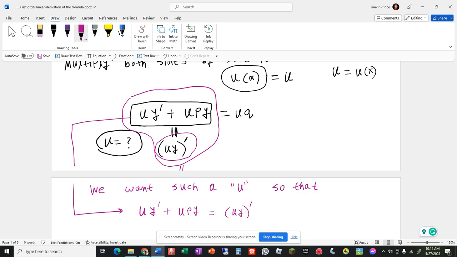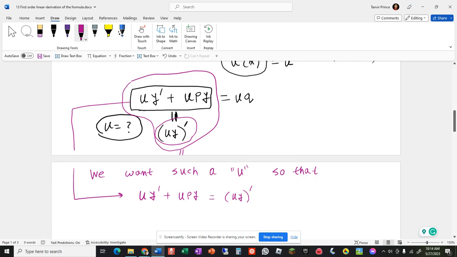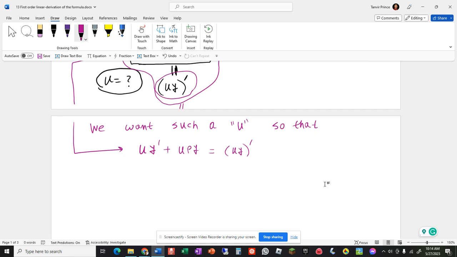Can we find such a u? So let's do that. This one I can use the product rule. So that's just u'y plus uy', simply using the product rule. Of course, here the derivative is always with respect to x.